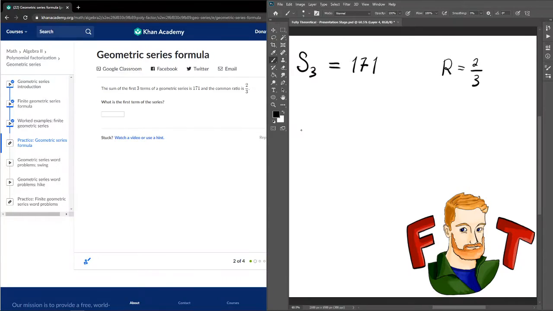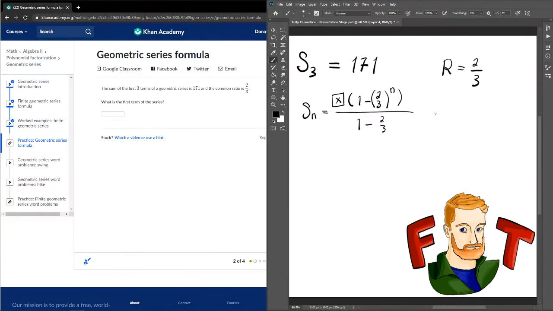So what we know is that S sub n equals this, we'll just call it x, the first term, times 1 minus the ratio, which is 2/3, to the n, over 1 minus 2/3.